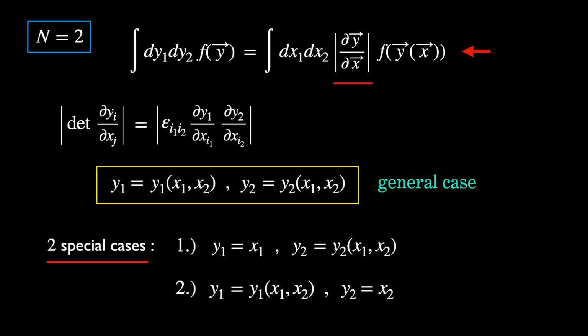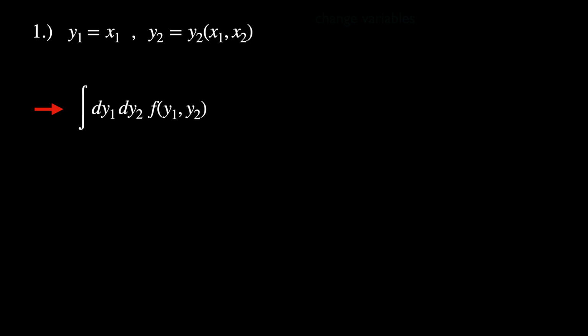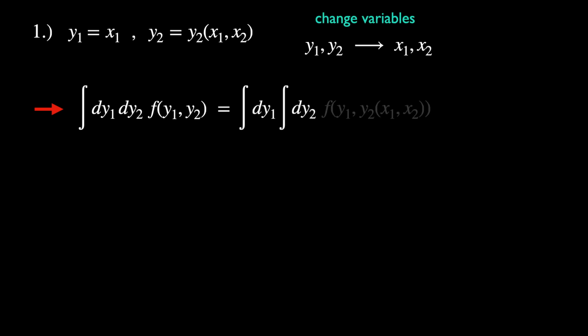The Jacobian formula can be proved easily for these two cases by just applying the single variable result, as we shall see. Let's change variables for our integral according to the first map. x1 under the integral of y2 can be treated as a constant, since we are going to integrate over x1 only after y2.